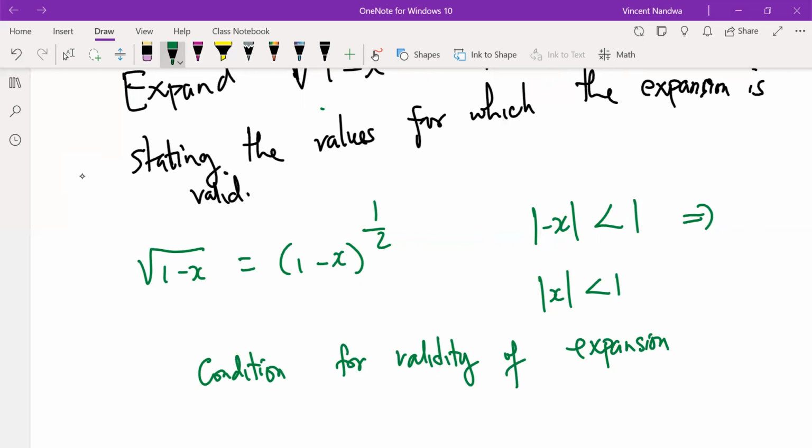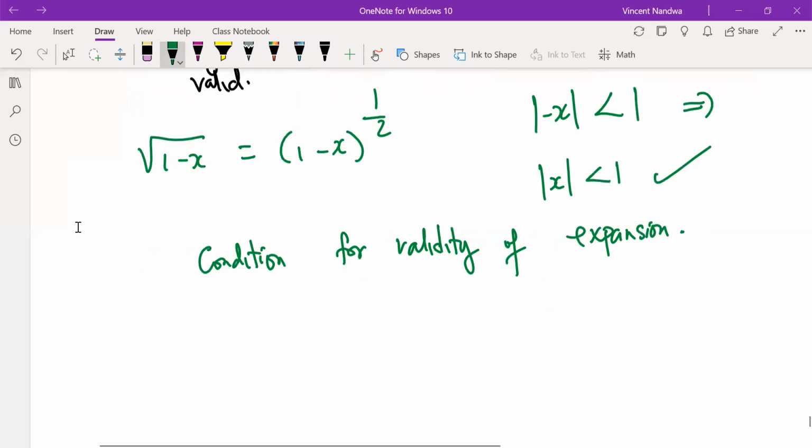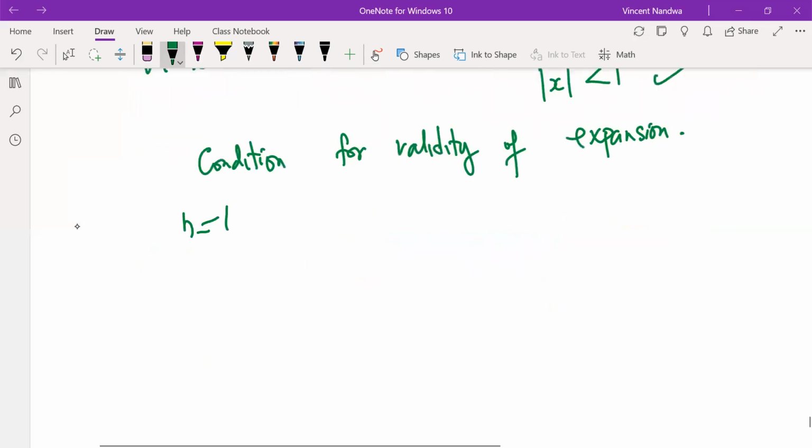So once you have ensured that this first term is 1, then this other term, its absolute value must be less than 1. So this is a condition. So here n is a half.